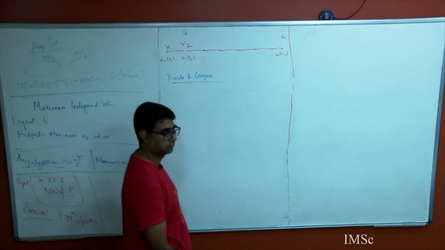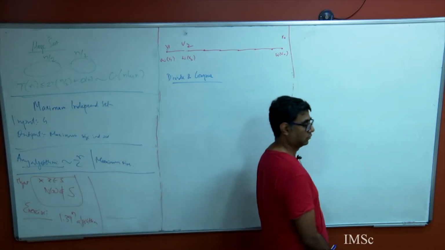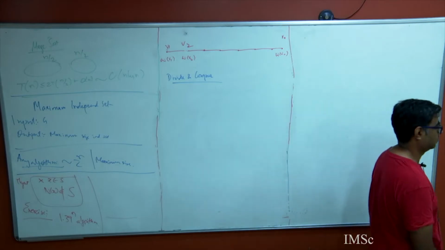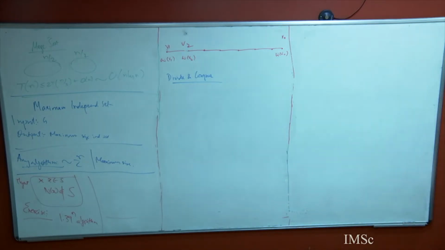In divide and conquer also, we can modify the merge step to complete. You can consider two cases. Take the middle element. Either it goes into the solution or it doesn't go into the solution. If it goes into the solution, perfect.